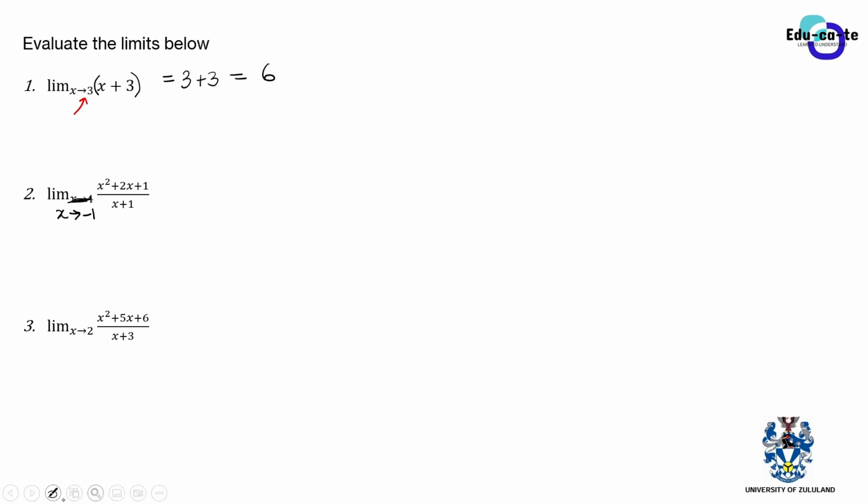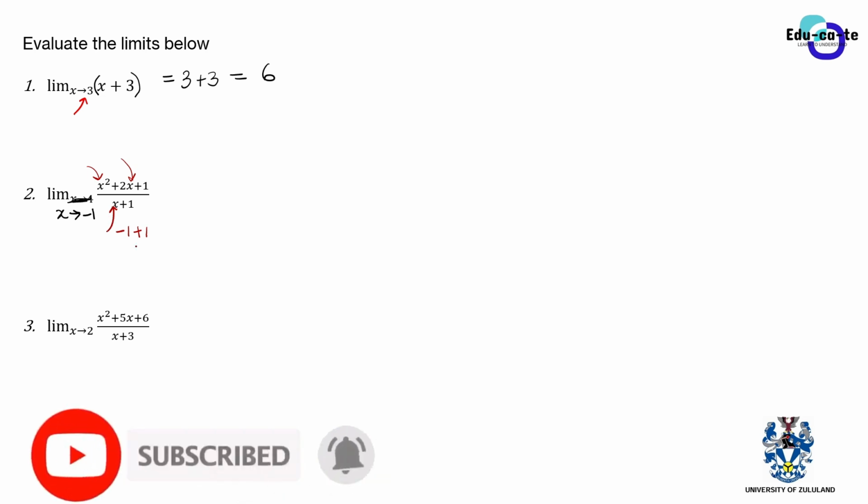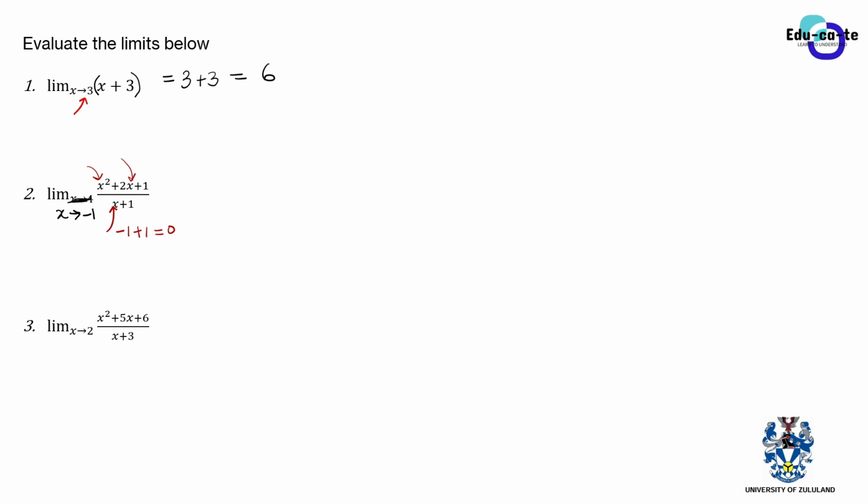If we substitute -1 here, look at this rational function, what will happen? If you put -1 where there is x, in the denominator you're going to have -1 plus 1, because this is x plus 1, right? So you just put -1 where there is x. -1 plus 1 is equal to 0. And once the denominator is 0, then your expression is undefined. Now you are stuck. Perfect. How do we fix this mess?